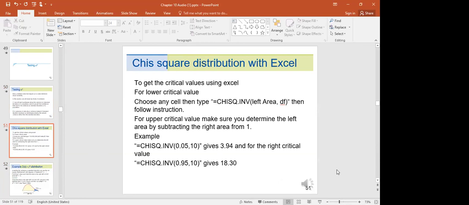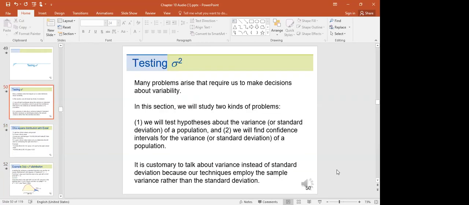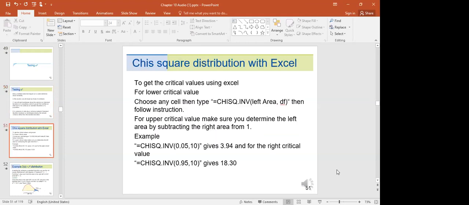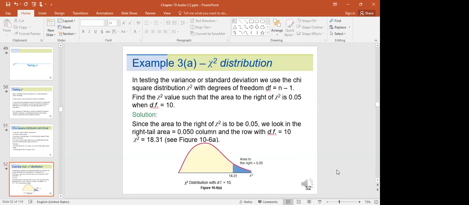We can use Excel, we can use the calculator. So let's look at this question. In testing the variance or standard deviation, we use the chi-square distribution with degree of freedom n-1.